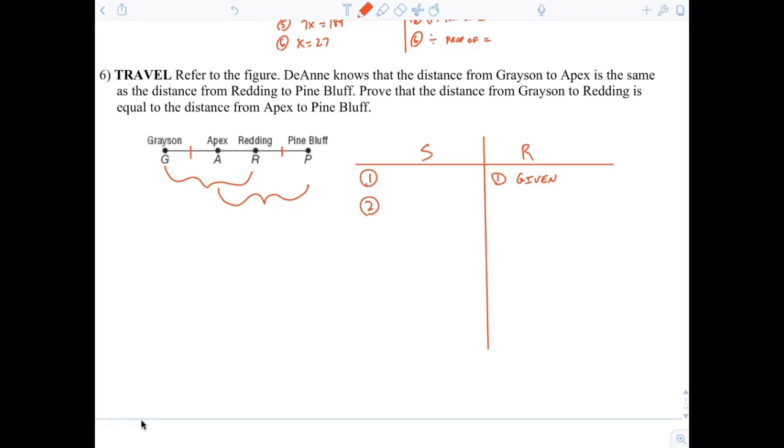Segment addition postulate, which would say what? GA plus AR is equal to AR plus RB.